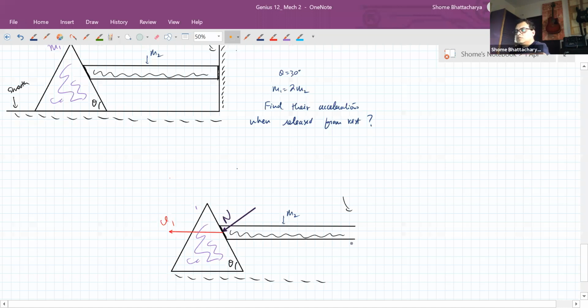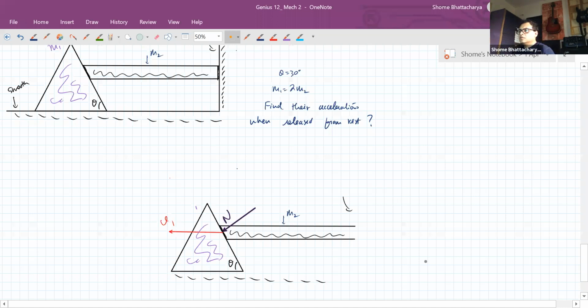Now similarly, if we look at the situation of this rod, now this one is coming down vertically with an instantaneous velocity, let's say v2. Whereas the normal contact force that this applies on it is now at an obtuse angle to it.